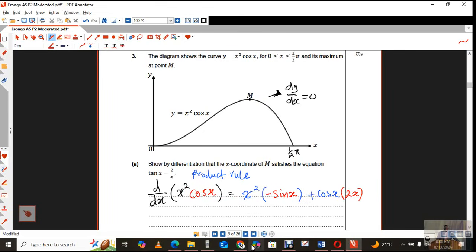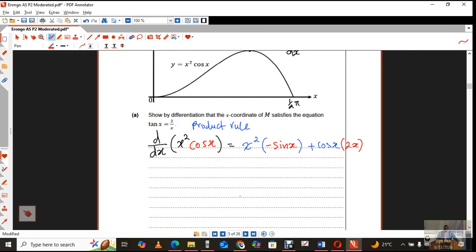So essentially, I can clean this up. We are applying the product rule over here. What does the product rule indicate?